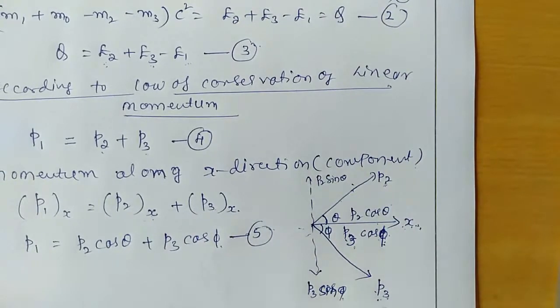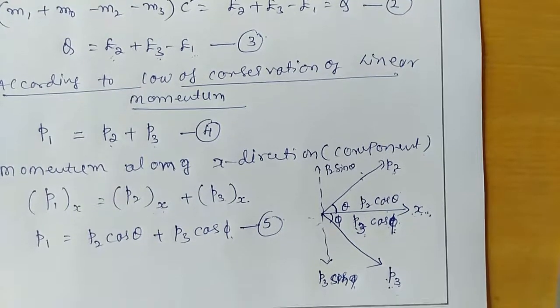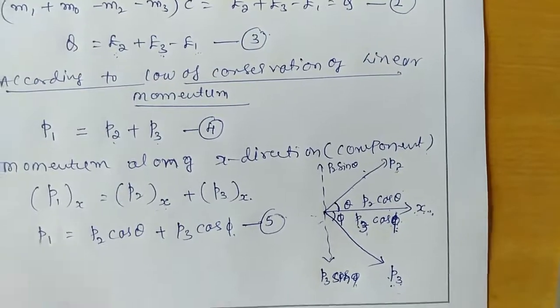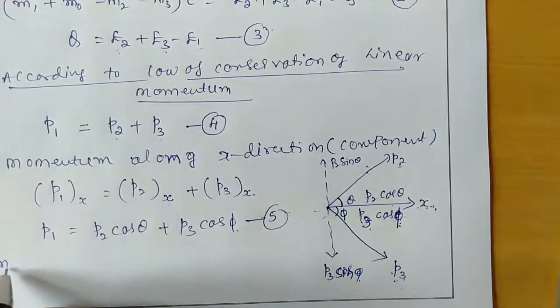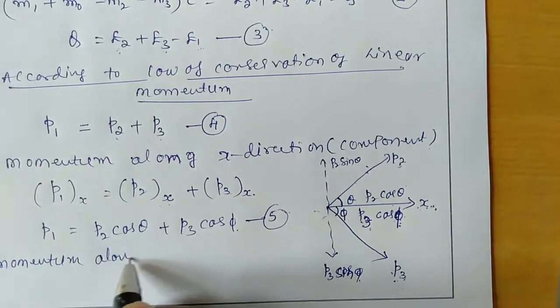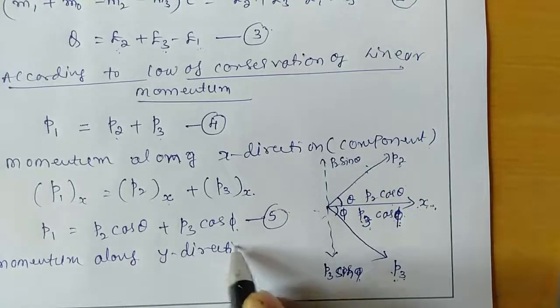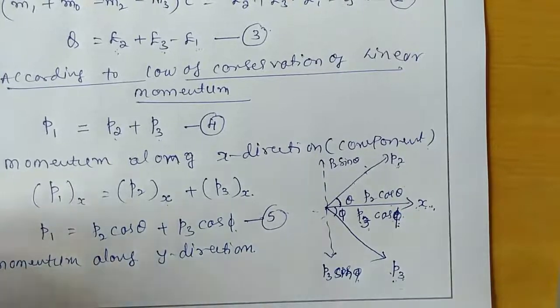So similarly we had to write the components of linear momentum along the y direction also. So we shall calculate the component of this linear momentum of the residual and the product nucleus, residual and the ejectile along the x direction. So if I apply the law of momentum along y direction, okay, that is if I calculate the vertical components.